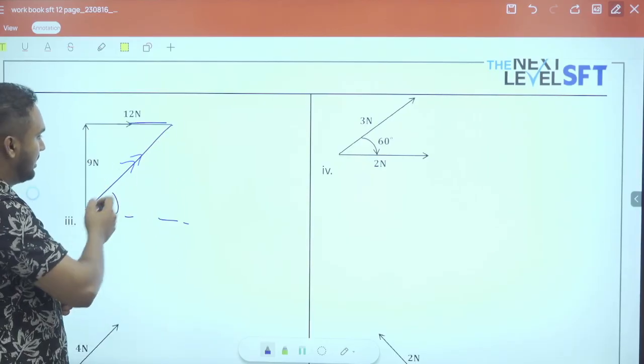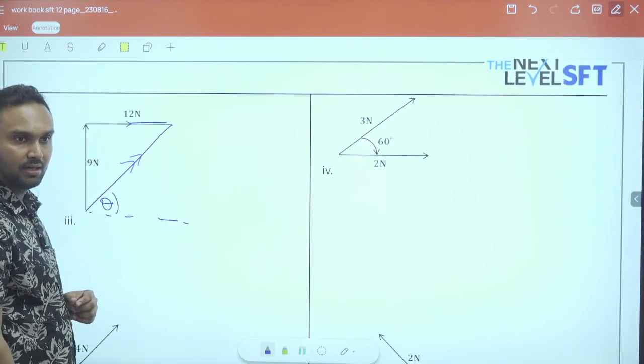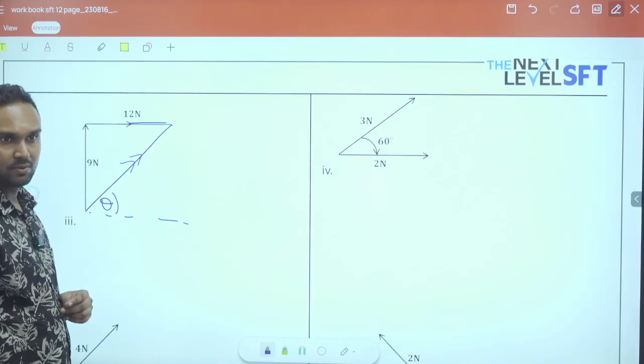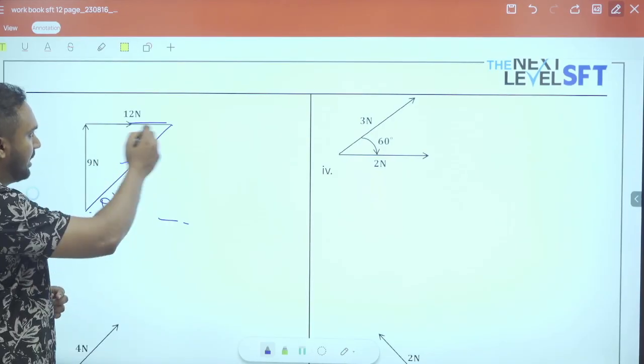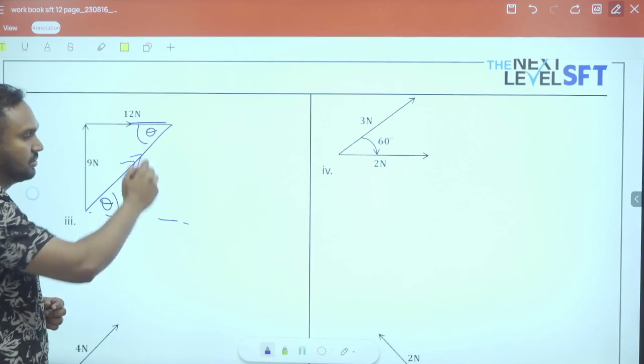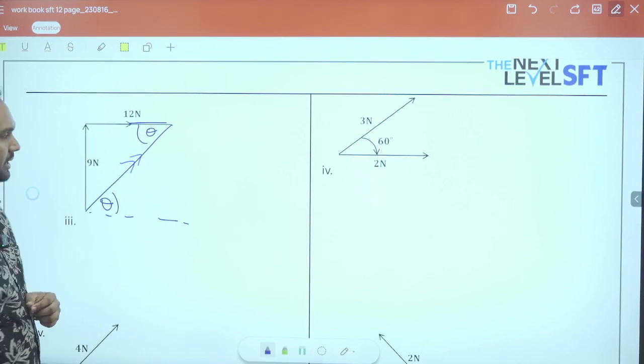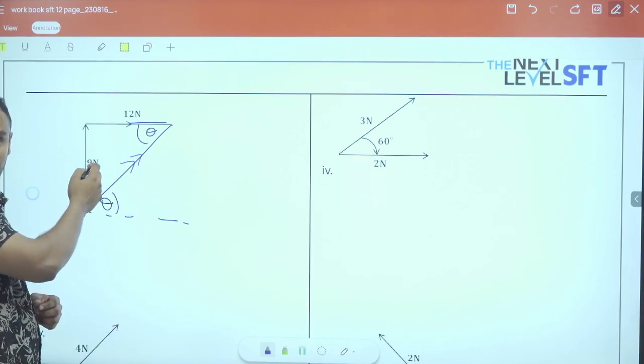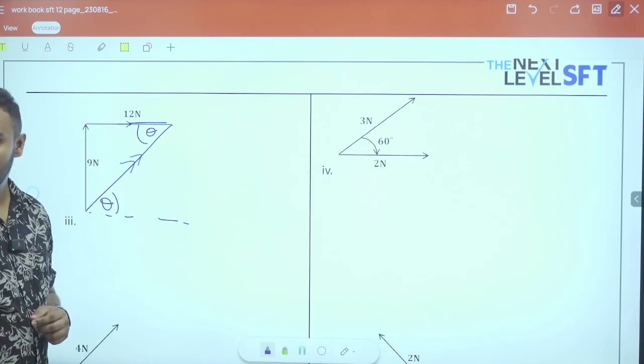Now these Z-like angles are equal, right? If two of the lines are parallel, the alternate angles are equal. So this angle should also be theta. So the opposite is 9 and the adjacent is 12.